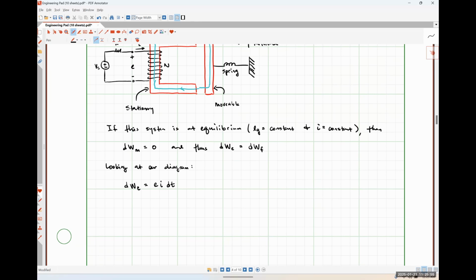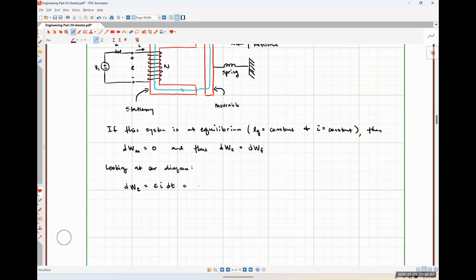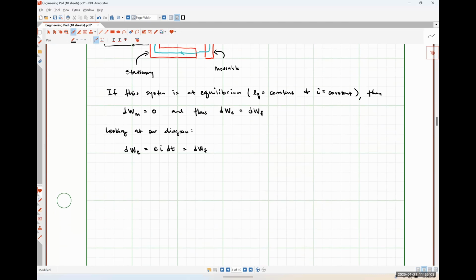And this is dWf. My induced voltage, E, is the change in the flux linkage with respect to time. Talked about that several class meetings ago.